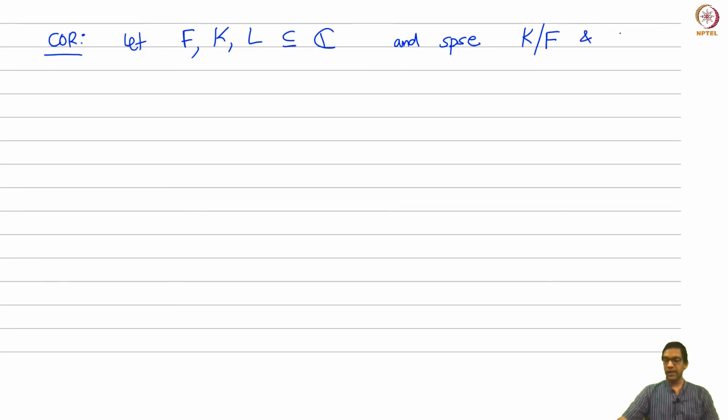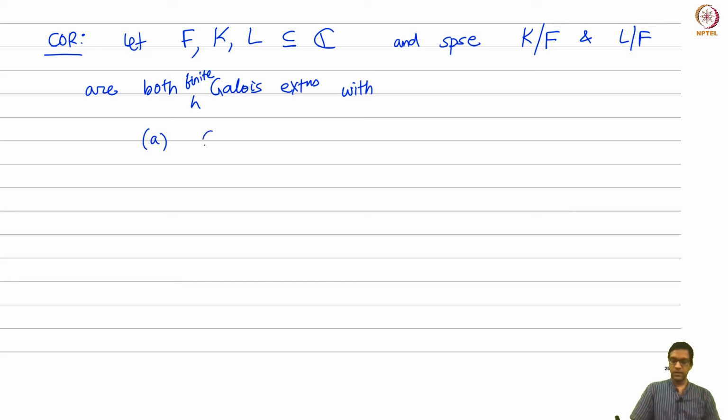Suppose KF and LF are both finite Galois extensions with the following property: the Galois group of K over F is non-abelian and simple.